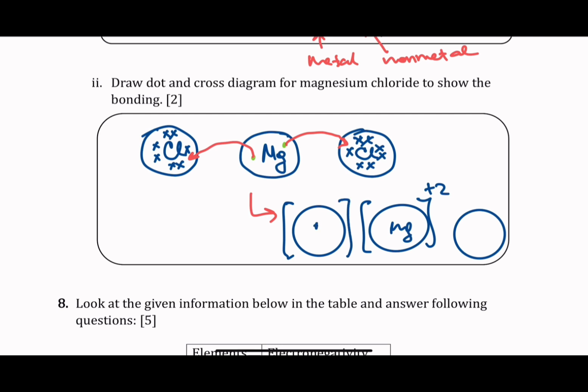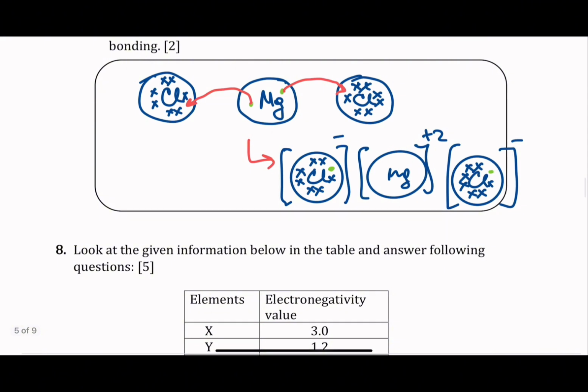Chlorine would be on both sides, negative and negative, and they will have 7 electrons each, and those 2 electrons will go to each one in chlorine. And that's what you have for ionic bonding. We know that in ionic bonding, it's never like a Venn diagram like this. Okay, don't do that. It is actually separate.